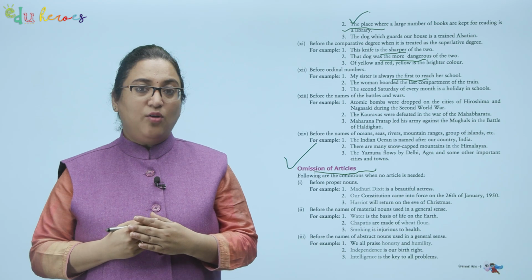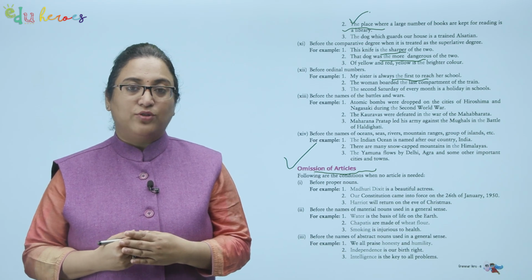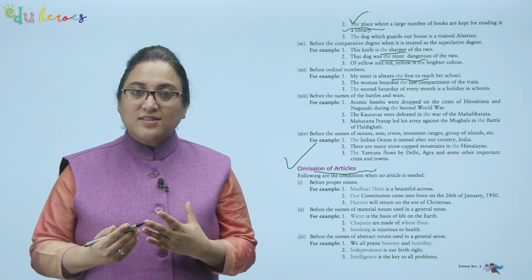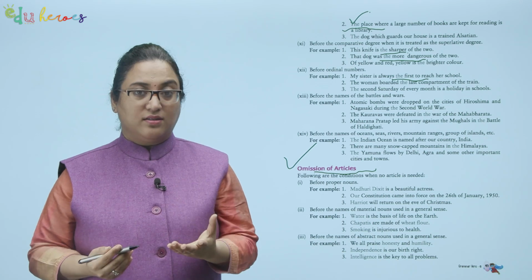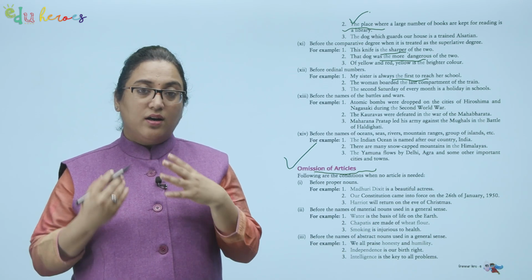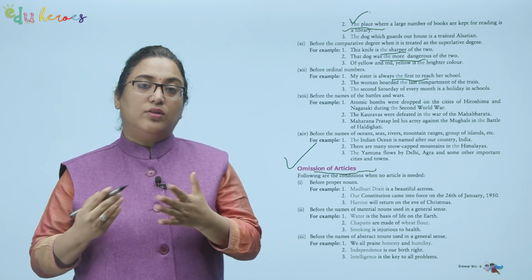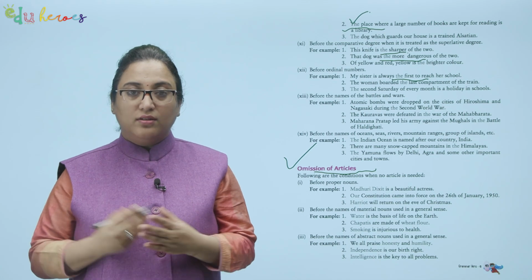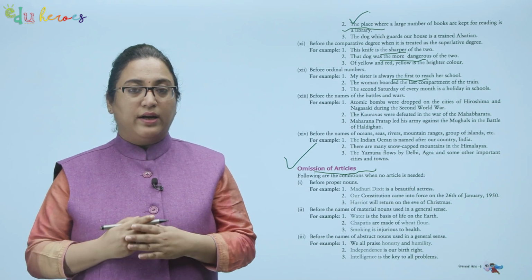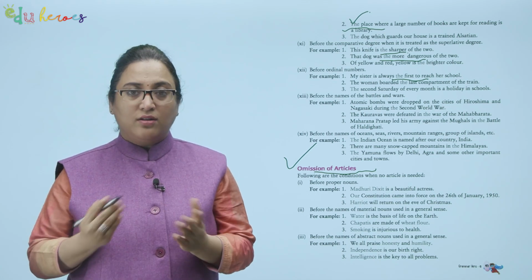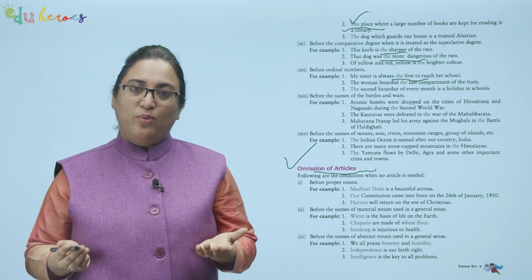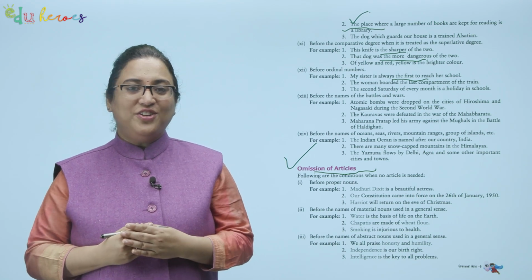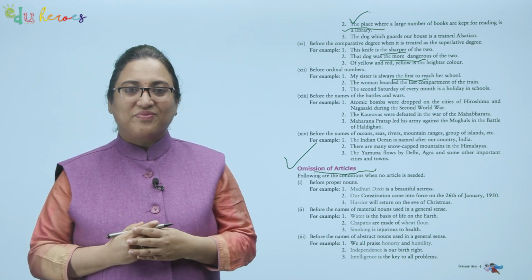Now what is the proper noun here? Of course, Madhuri Dixit, as it's the name of a particular person. So, अगर आप लिखते हैं the Madhuri Dixit, then it's wrong. No article is required. So we will not use any article here.